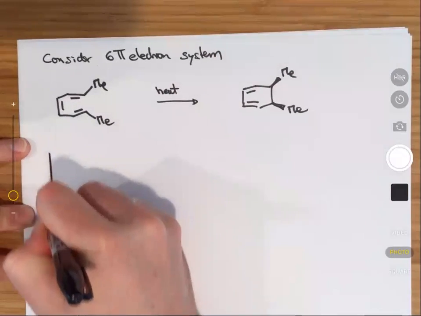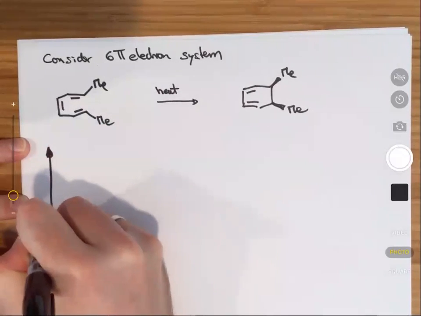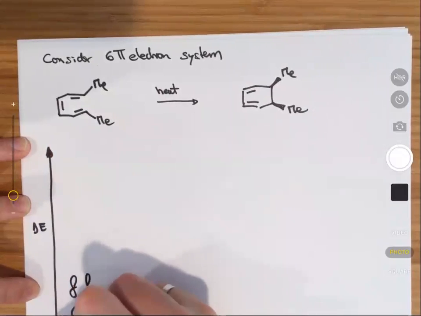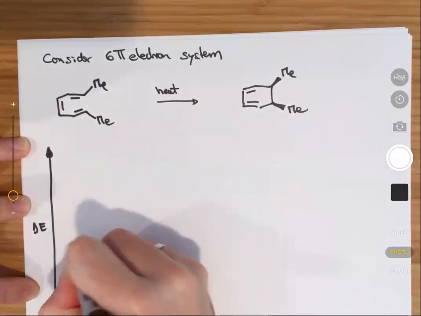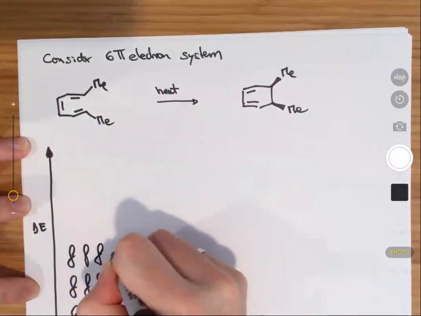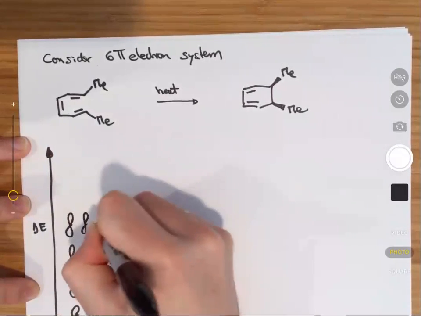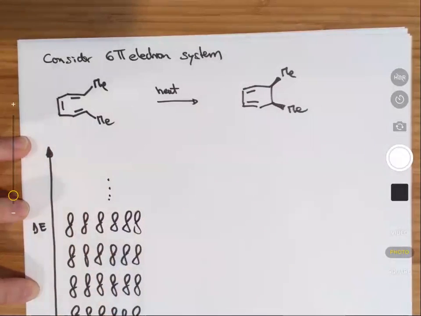So what we need to do is again draw the molecular orbital diagram, and now we have 1, 2, 3, 4, 5, 6 p orbitals here. This of course leads to 6 molecular orbitals. I'm just going to forget about these.